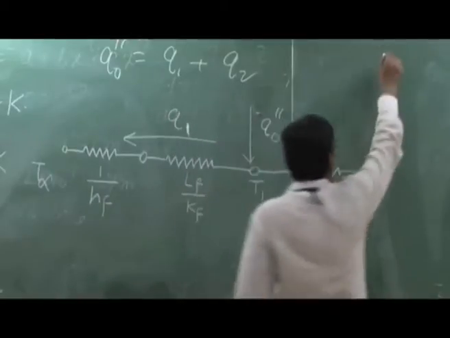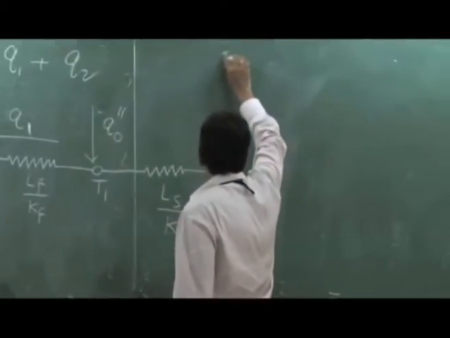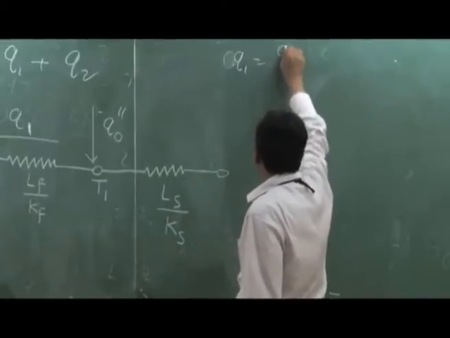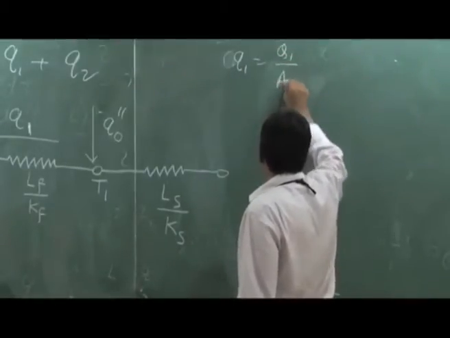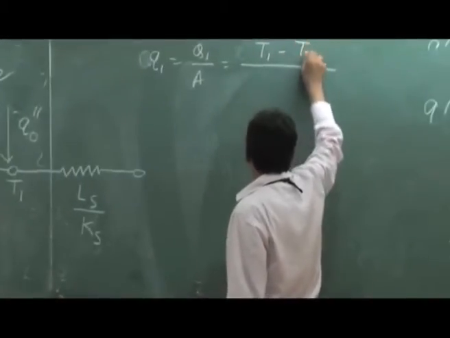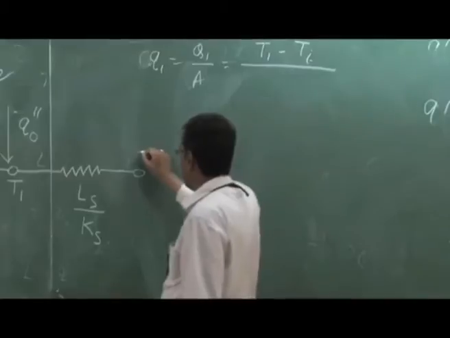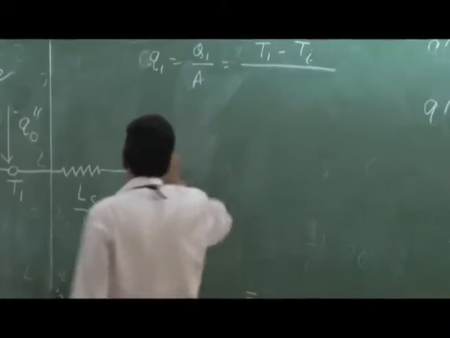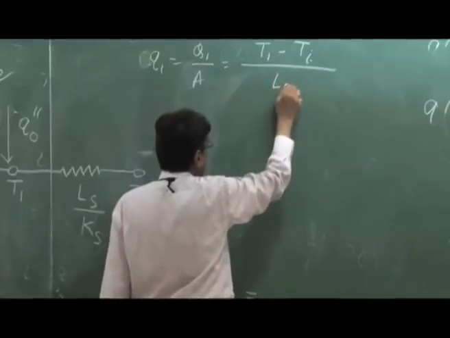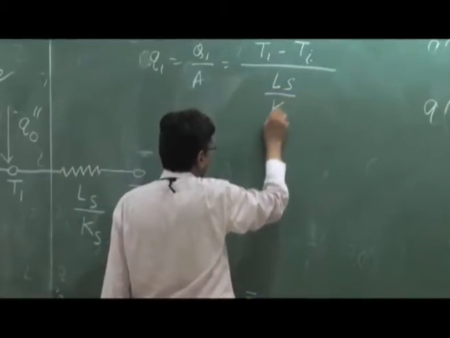That means you can generate this way, that Q1 by A is equal to T1 minus Ti, this is the Ti node, divided by Ls by Ks.